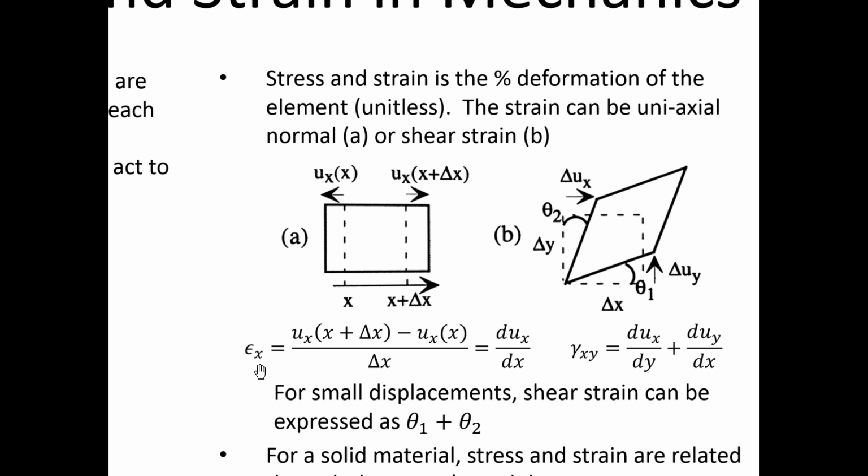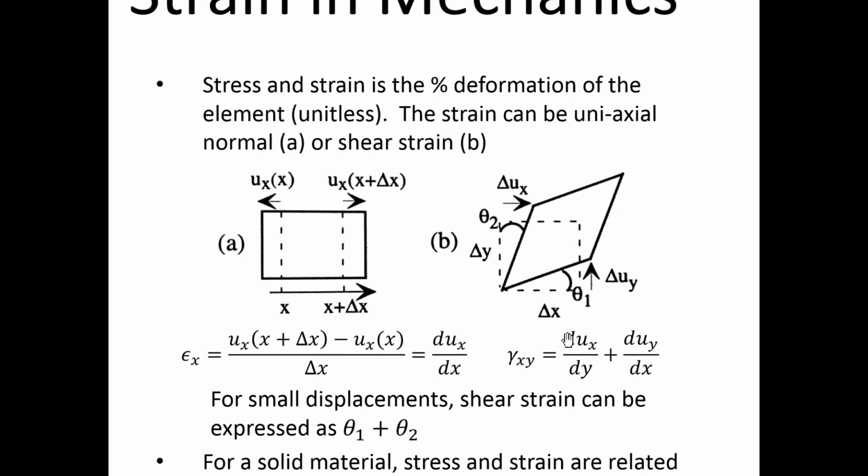Strain is given by epsilon. The strain is the change in the length of the object, the change in this dimension, divided by delta x, the size of the object here. You can have a similar definition for the strain in the other directions. These can also all be defined as differential equations.